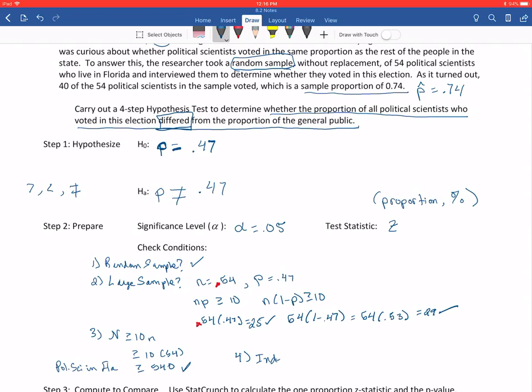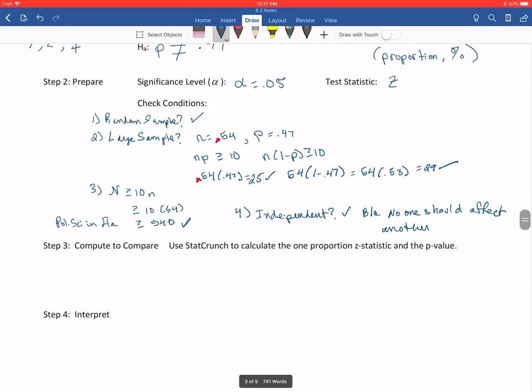And then the last condition we have to check is, should these be independent from each other? And again, I would say yes to this one. Why? Because one person's answer shouldn't affect another person's answer. If it was a truly random sample, then these weren't all political scientists from the same school or from the same area. So they should not be affecting each other in any way.